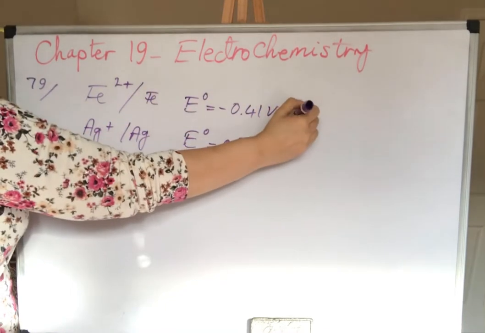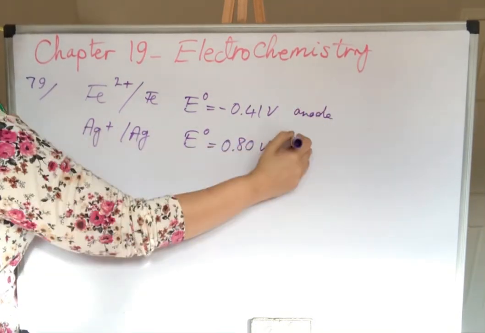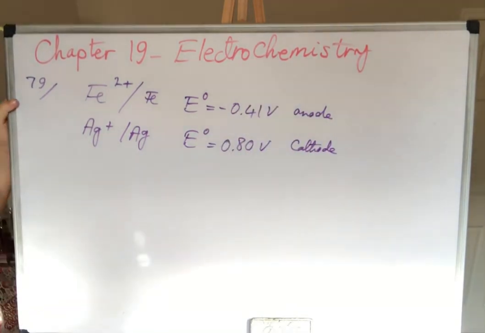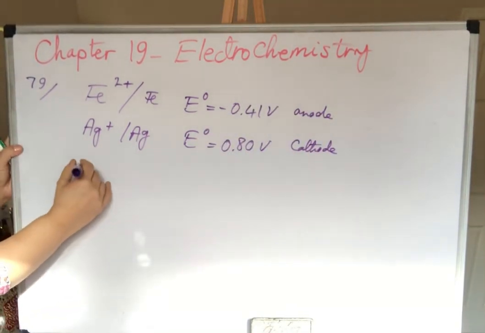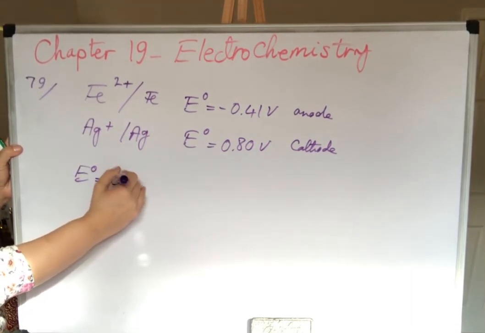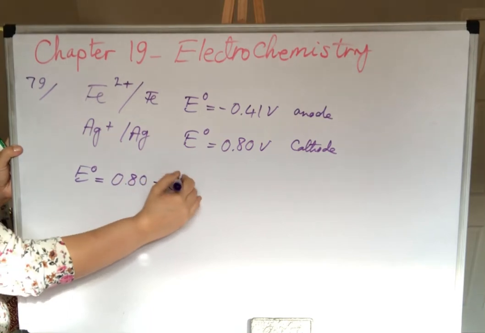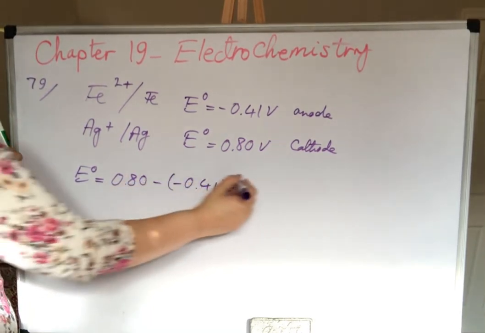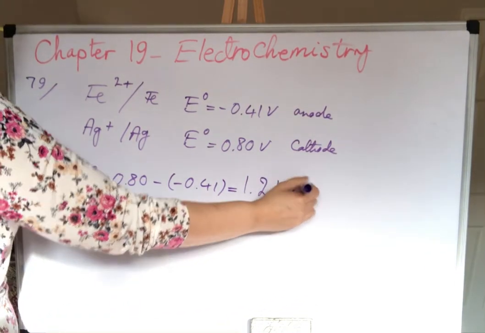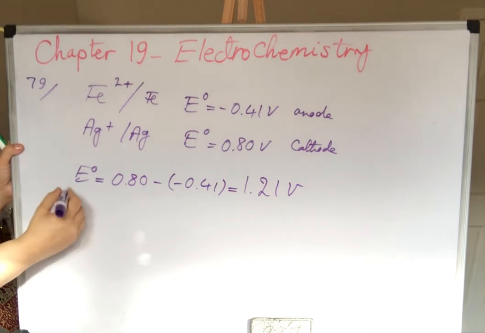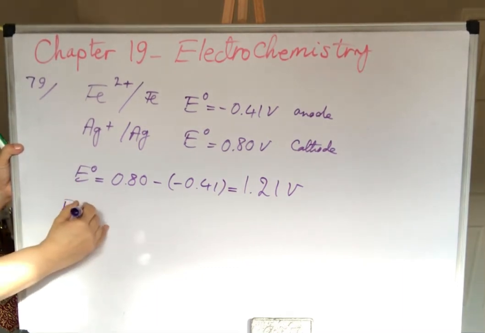Then the more negative one is the anode, so Fe is the anode, and silver is the cathode. So E standard is going to be cathode minus anode, which is 1.21 volts. Now, let's write down the half reactions.